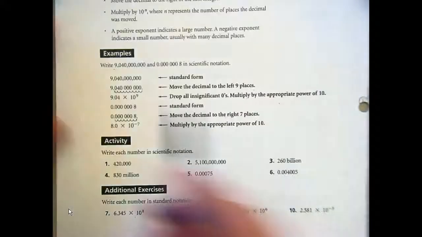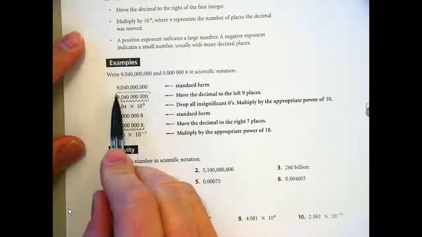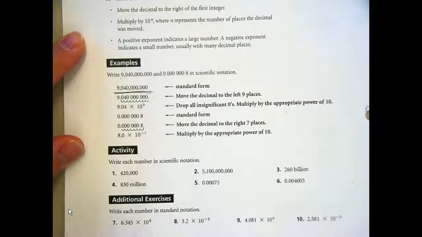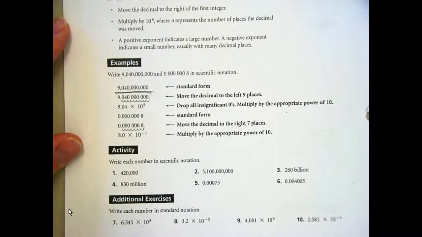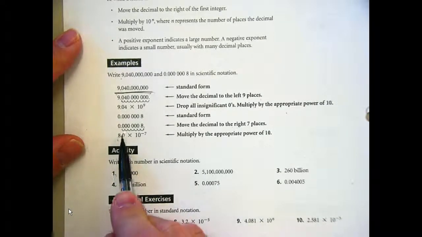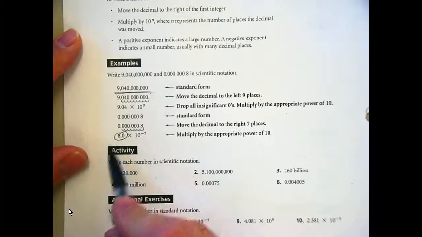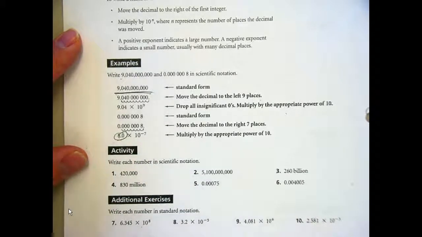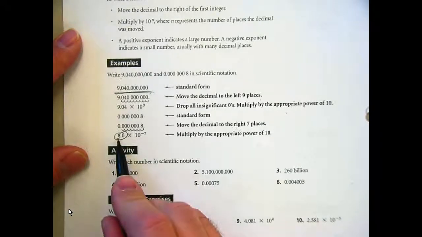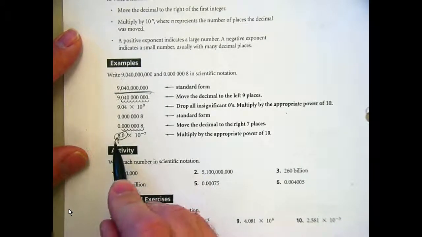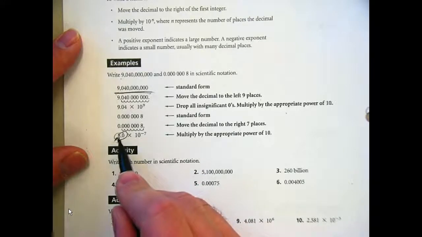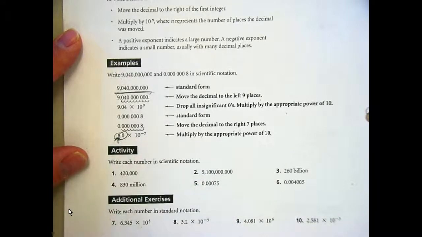Okay, standard form is just kind of like our normal number. If we want to make it scientific notation, you need to get to a number that is in between. It's less than 10, but greater than 1. In other words, it has one real number to the left of the decimal. So in this case, an 8, so 8.0.